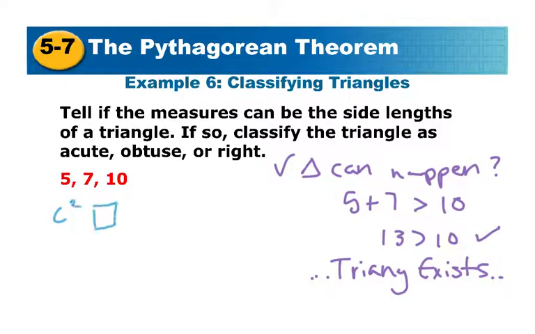Is c squared either equal to, greater than, or less than a squared plus b squared? Well, c is going to have to be the 10 because it's the largest, and a and b can be the 5 and the 7. So if we plug in our values, we're going to have 10 squared, and we're seeing if that is equal to, greater than, or less than the 5 squared and the 7 squared.